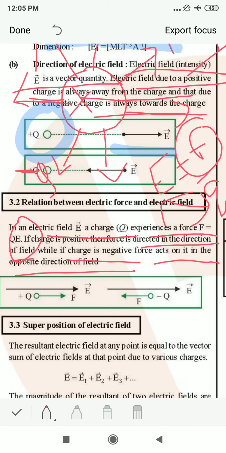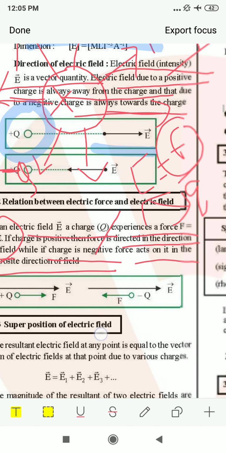Now we are talking about the force experienced by the charge and the electric field. So if we have a positive charge, the force experienced by the positive charge will be in the direction of the electric field, and if we have a negative charge, the force will be directed opposite to the direction of the electric field.